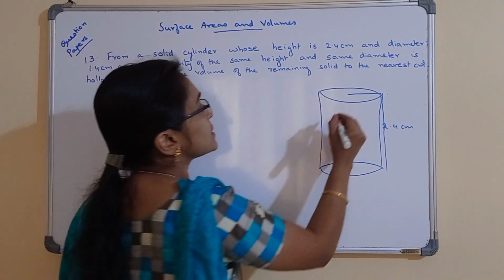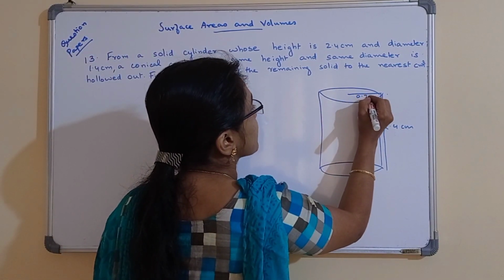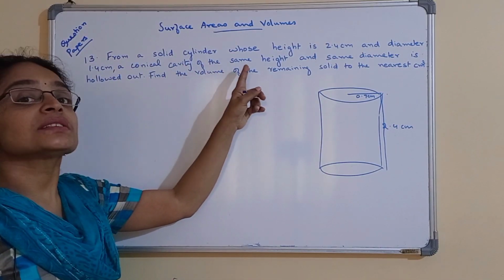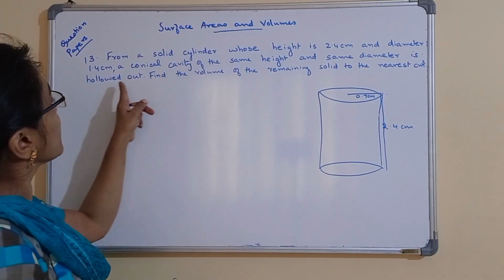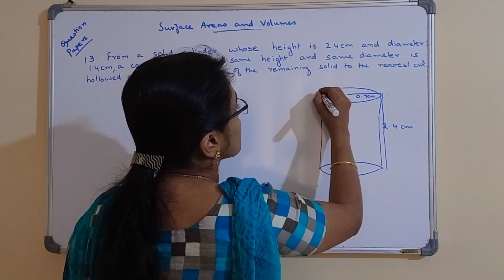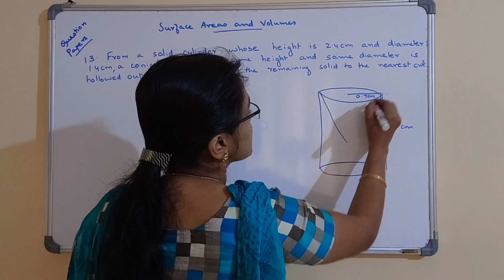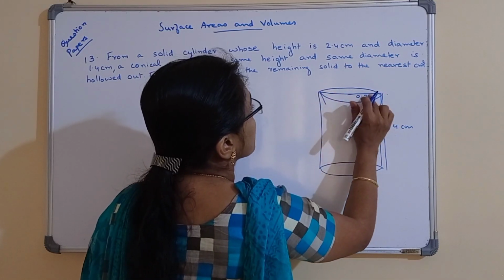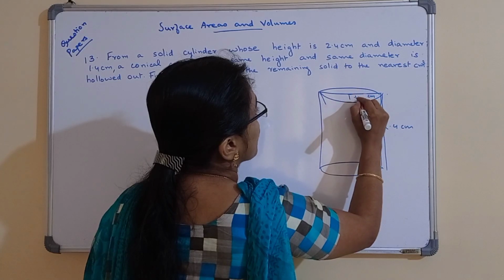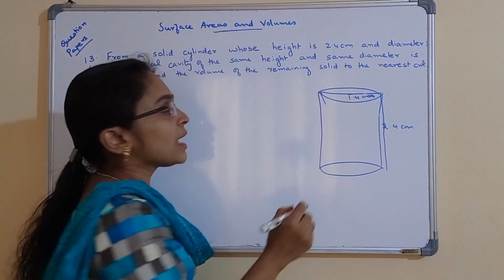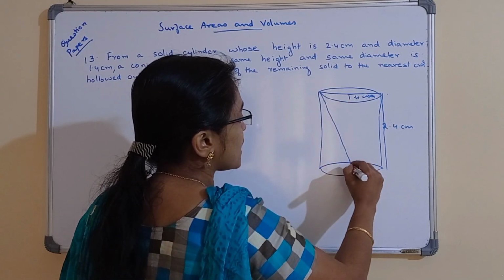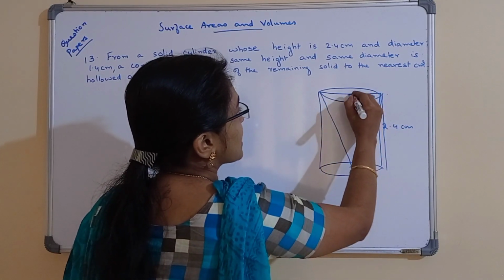So what is the radius? Radius is 0.7 centimeter. A conical cavity of the same height and same diameter is hollowed out. So this diameter is 1.4 centimeter, and from that, a conical cavity of same diameter and same height.